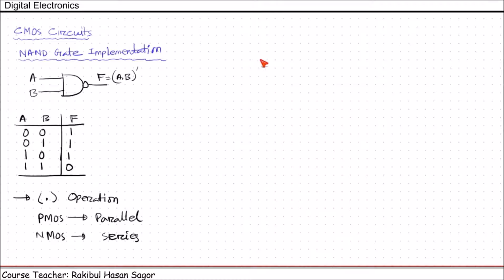So if we have VDD, as I said, PMOS will be connected in parallel, so let us consider the pull-up network first. We'll use two PMOS here. One is taken from here.